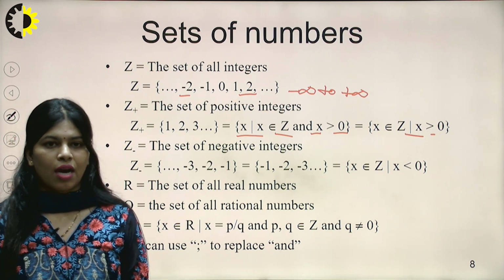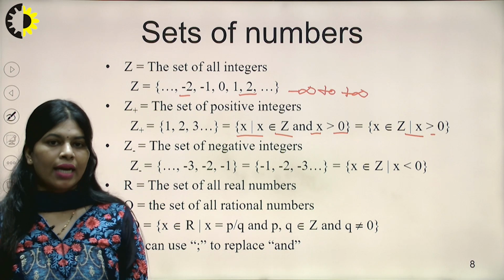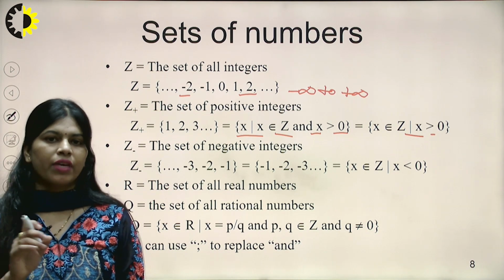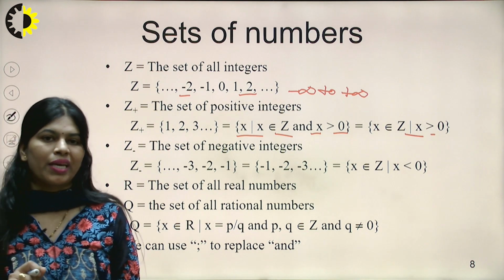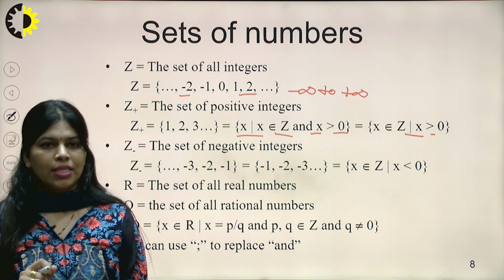Means we can start 1, 2, 3 and end up to positive infinity, because the value of integers should increase up to plus infinity.